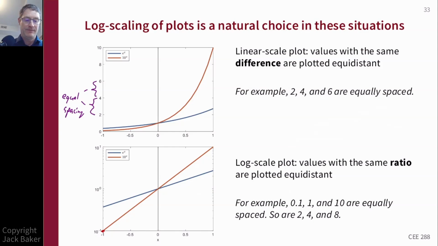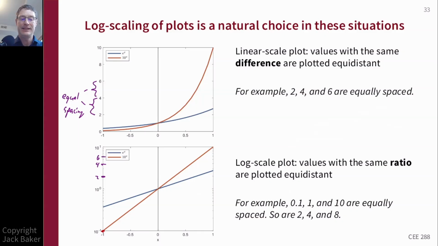All right, so maybe we can label a few points onto this plot. So I've got 2, 3, 4, 5, and 6. We can see here with this log scaling that 4 and 6 are closer together than 2 and 4 are.